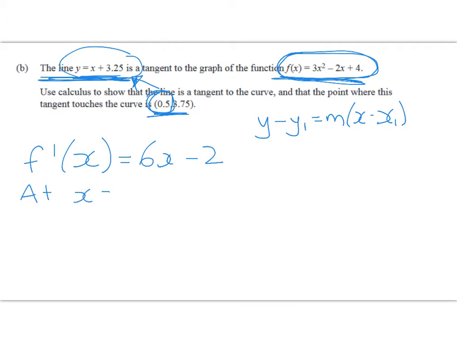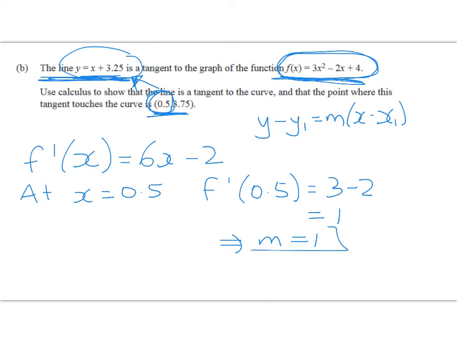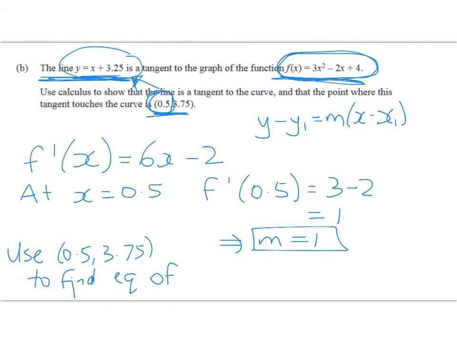So at x equals 0.5, f dash of 0.5 is equal to 6 times 0.5, 3 minus 2, which is 1. So the slope of the gradient will be 1. And now we're going to use the point that we've been given, 0.5 and 3.75, to find the equation of the tangent. I'll do that on a new slide.